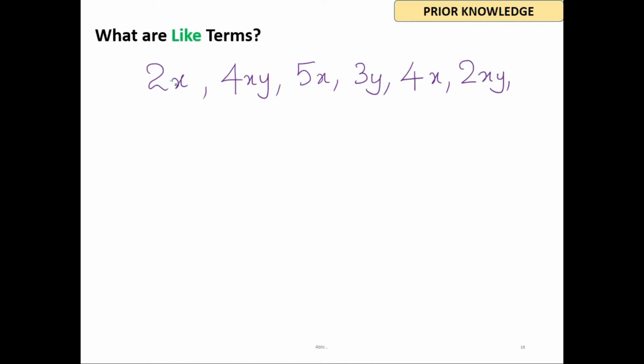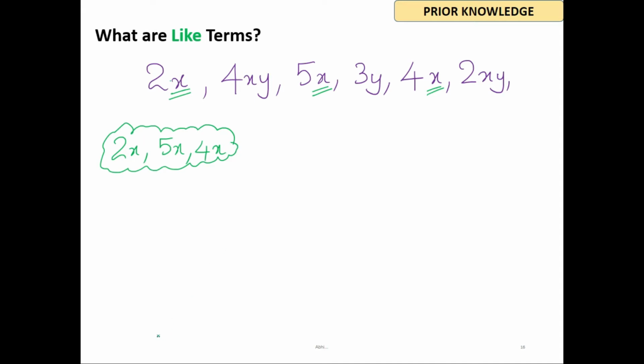Look here, I have an x. Here I have x and y, so no. I have an x alone here, and here I got an x. So to identify the like terms, 2x, 5x and 4x are the like terms which have the same variable x.